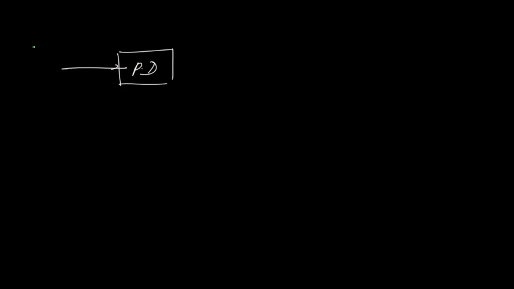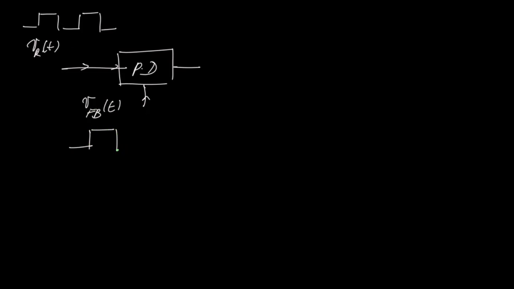I'm feeding it a reference voltage, VR of t, and remember this is nothing but a square waveform. The phase locked loop is locked when the voltage at the feedback has the same frequency as that one, and their phases are always constant. So notice that they have the same frequency.